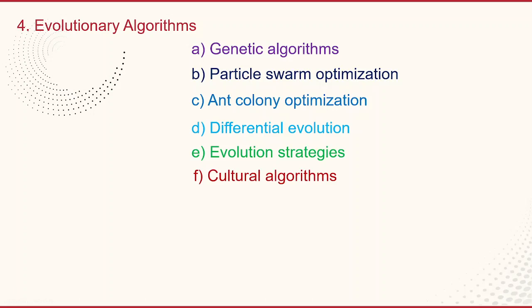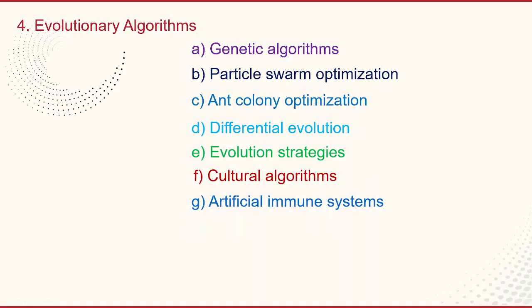Next is cultural algorithms. These algorithms combine evolutionary operators with a cultural evolution process that learns and adapts to the problem environment. It is often used for solving optimization problems in complex systems such as social or economic systems.